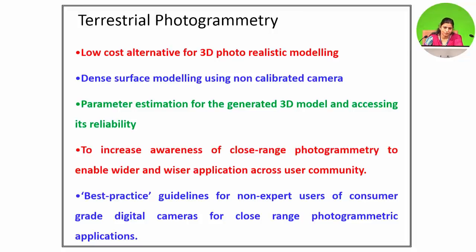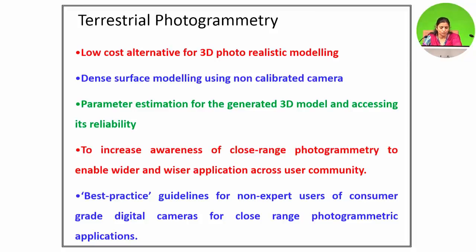So, what is the total volume of the particular object? What is its size? If we are modeling a tree, then all the parameters of the tree can be extracted, and these can be further utilized for other applications.